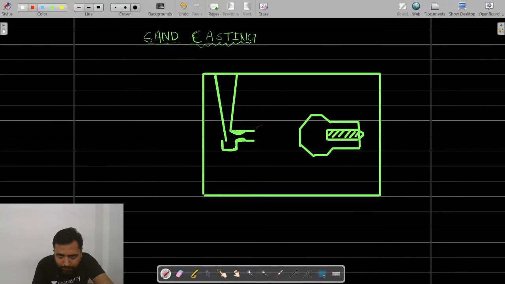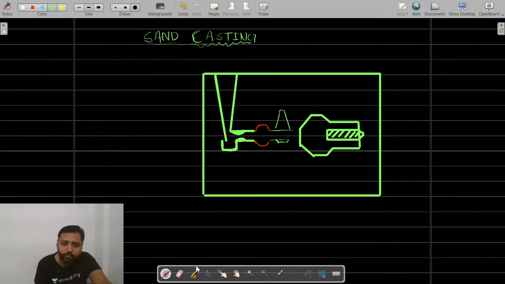A spherical cavity will be there here, and then similarly the channel will keep moving towards this side, and then here you will have another cavity. I'll come to that cavity, don't worry, just hold on.